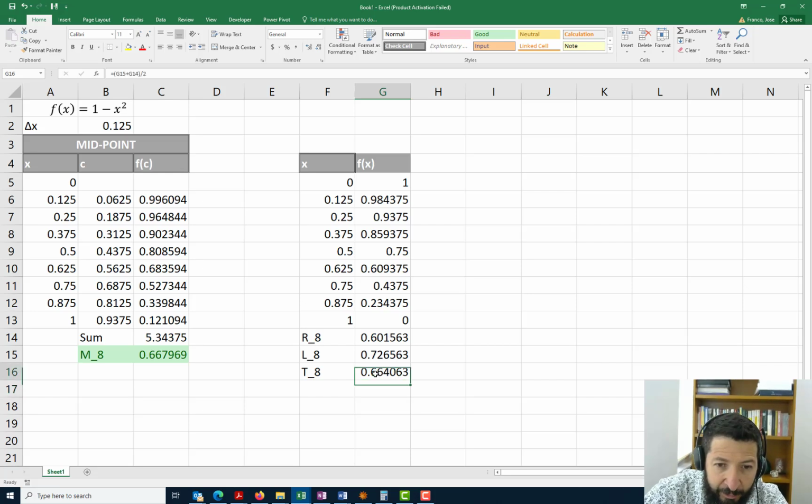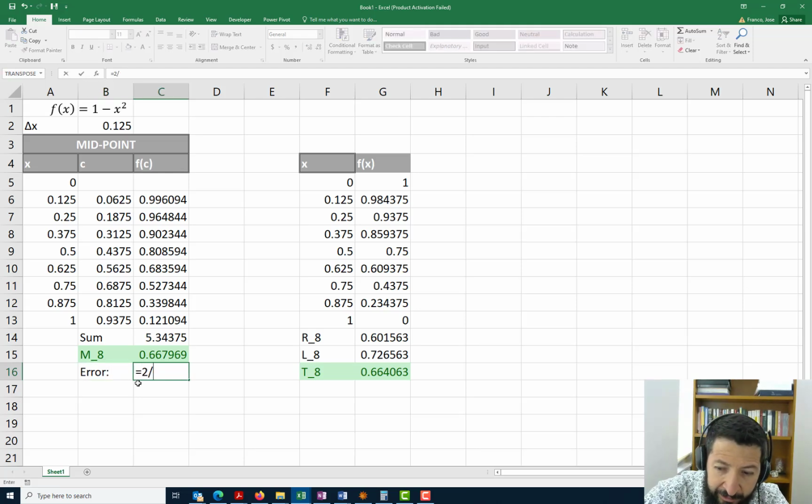And it's 0.64. It's not nearly as good as the midpoint here. Your error, we can compute the error, is going to be equal to 2/3 minus this value. 2/3 is the exact value of that integral, because we can actually compute it with the fundamental theorem of calculus. So the error is approximately 0.0013.